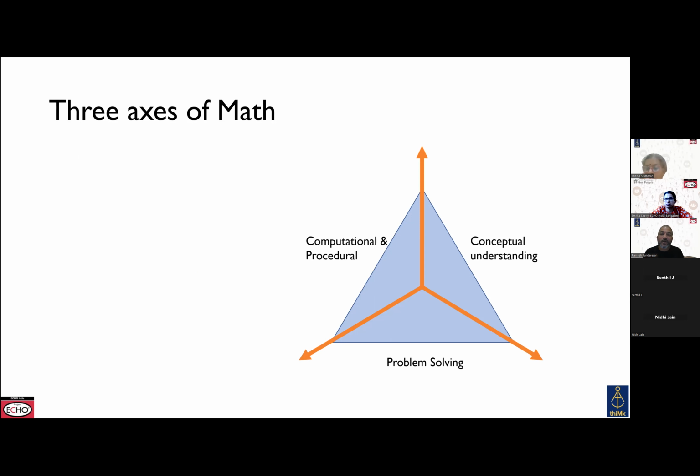They are the part which, if we have been able to create enough excitement and goodwill with the children, they will be okay to do. If procedure is the only thing we are doing with our children, chances are children will get bored and say that math is boring and move away from it.